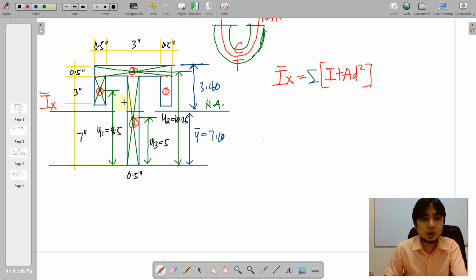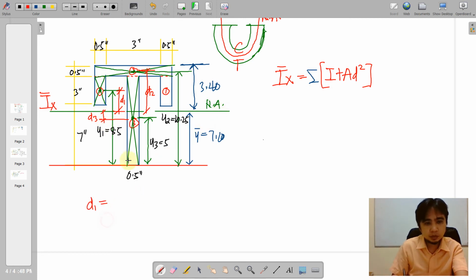Okay, for area 1, we have the centroid up to the neutral axis, that is D1. And then the centroid of 2 up to the neutral axis, that is D2. And the centroid of the shape 3, or the rectangle 3, is D3 up to the neutral axis. So we now compute for D1.